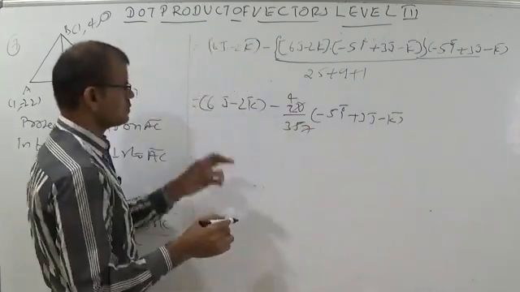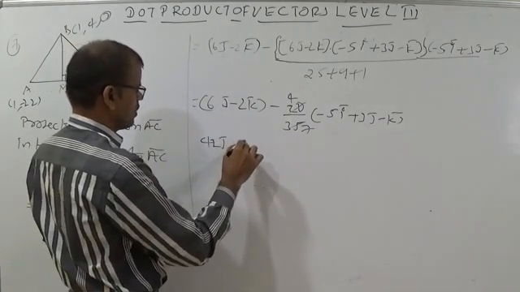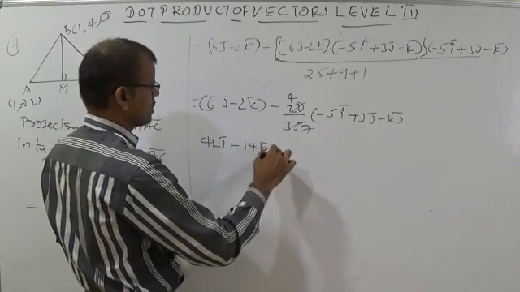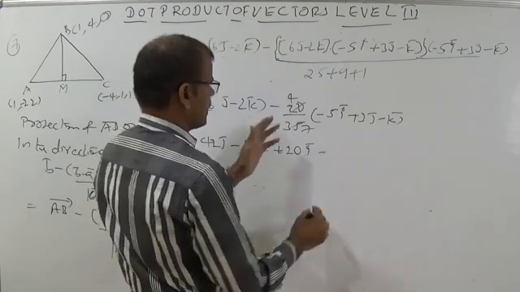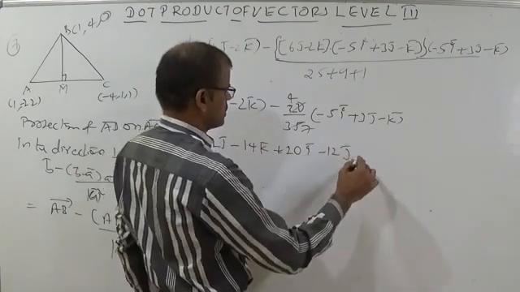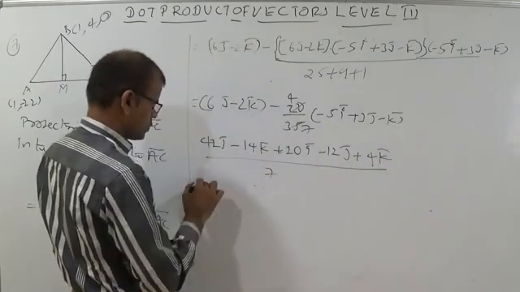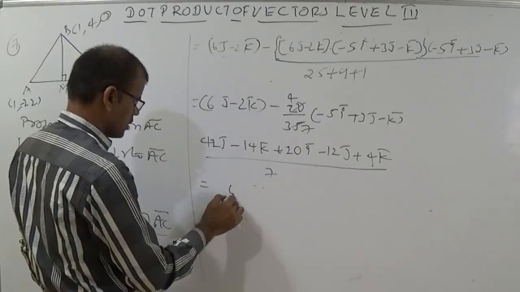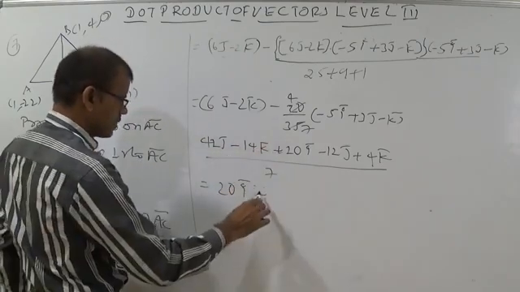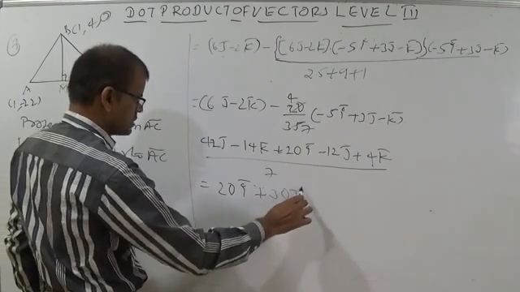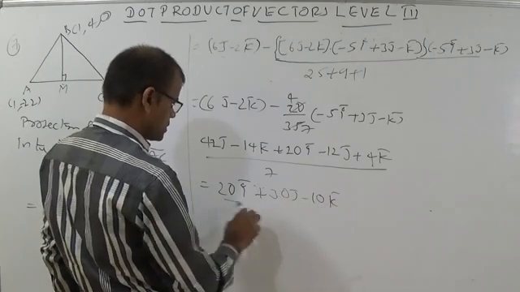Now 7 times 6 is 42j minus 7 times 2 is 14k, minus of minus is 20i, minus 4 threes are 12j, plus 4k, whole by 7. So 20i, 42 minus 12 becomes 30j, minus 14 plus 4 becomes 10k, whole by 7.